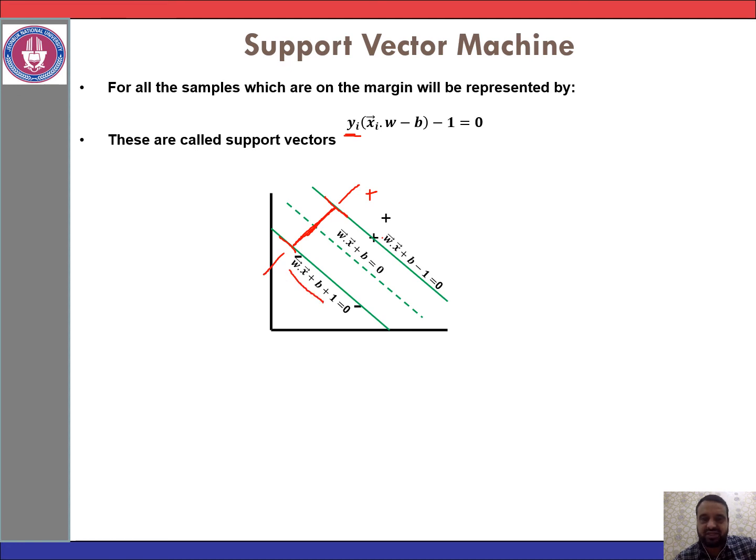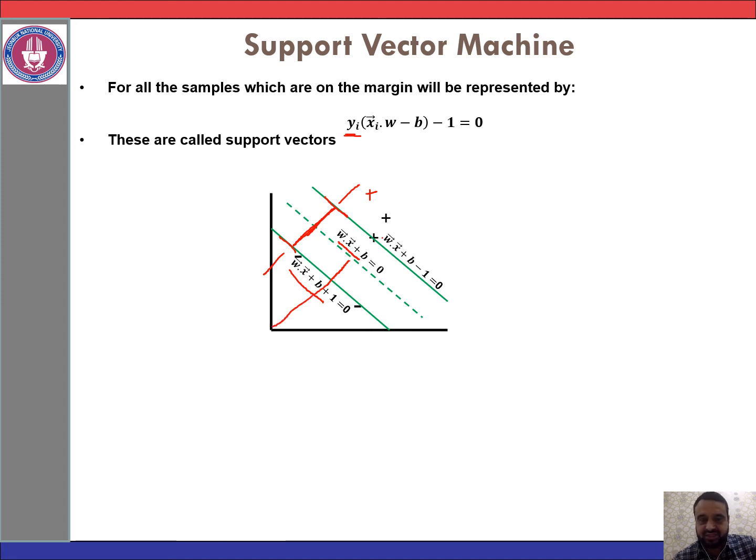So the samples lying on the margins will be represented by these equations, and this equation shows the center of the stream, because this dotted line, which is the midpoint or the middle line of the stream, is b distance away from the reference.